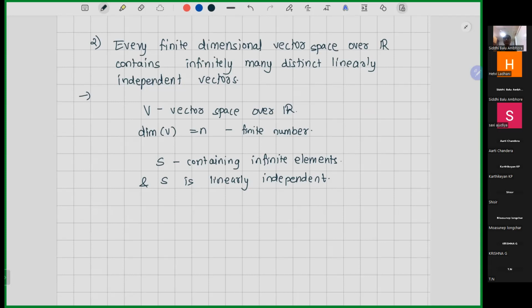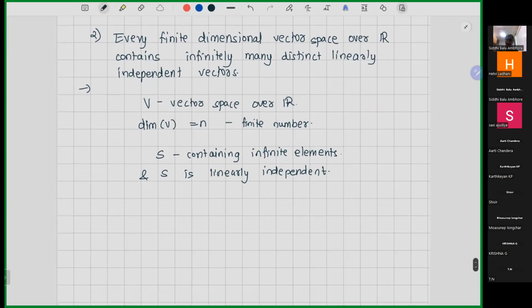Can somebody tell me why this is not true? If the cardinality is more than the dimension, then it will become dependent, right? Yes, exactly.